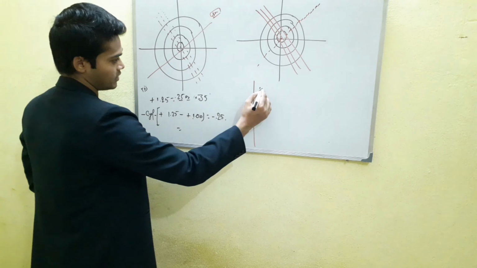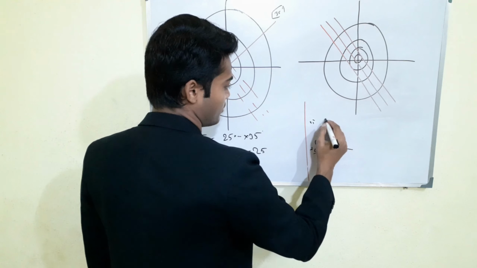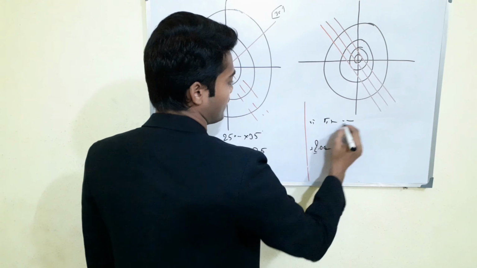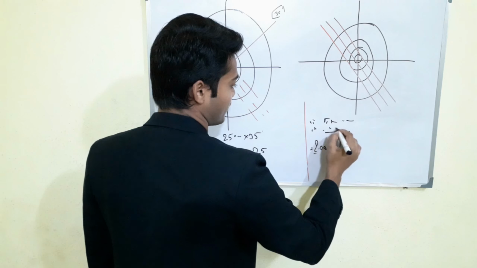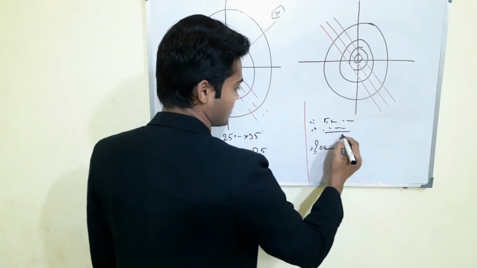What is the second method? First we have to take the reading. Suppose we got, the first time, the clear meridian at 0.25, or a spherical value of plus 0.2. Then we write the first reading, and the second reading we take according to the axis, suppose here 0.50.